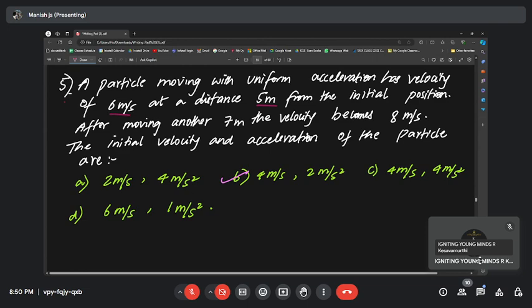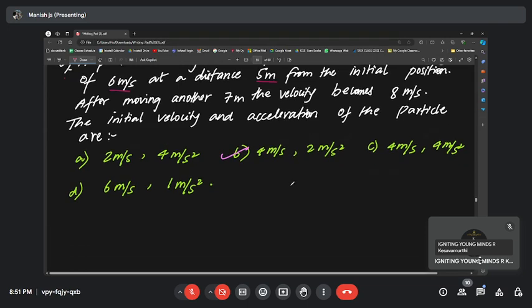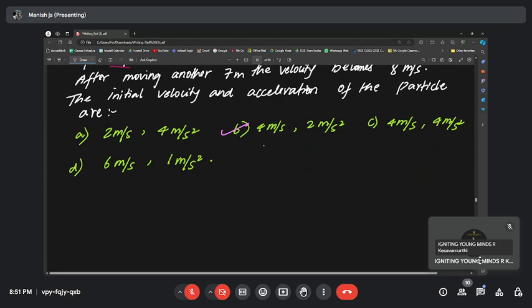So it is better to use the equation that is independent of time, which is the third equation of motion, v squared minus u squared is equal to 2as. It is the best choice to solve this question, because time is not known to us.